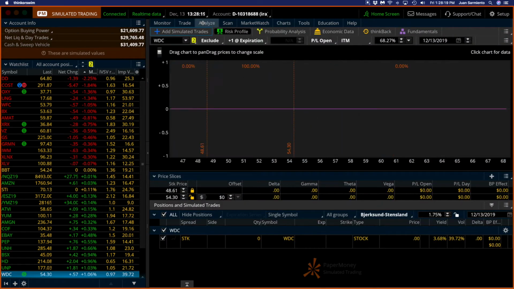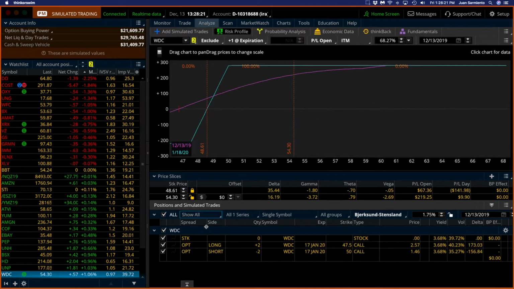Let's analyze. Here's where we are, and as you can see, I've already accumulated 219 of a potential 278. I would have to wait until January to get the additional profits, and that's a lot of time where a lot could happen.